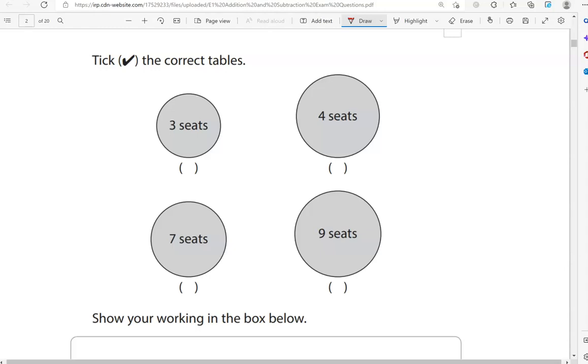Let's try. So 3 seats, if we add 4, that will give us 7. So that's not 11. 3 seats, if we add 7, that gives us 10. So, what if we add 7 and 4?